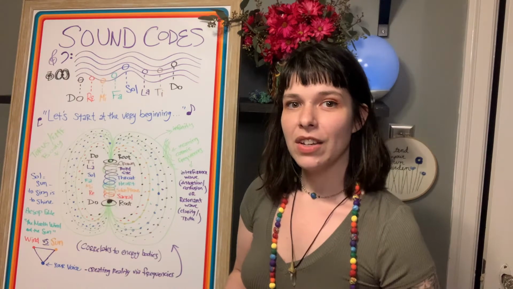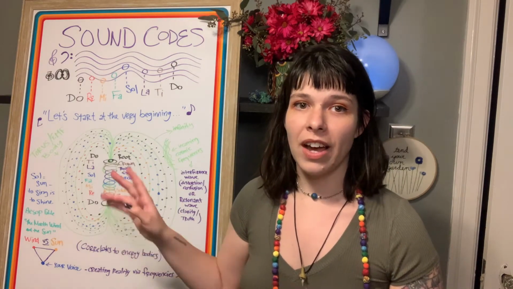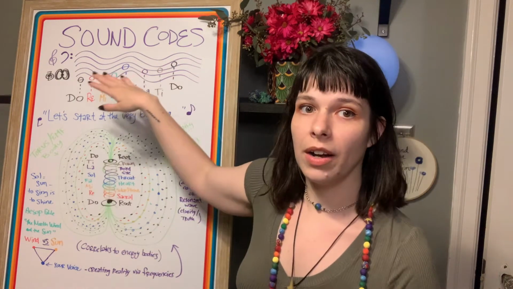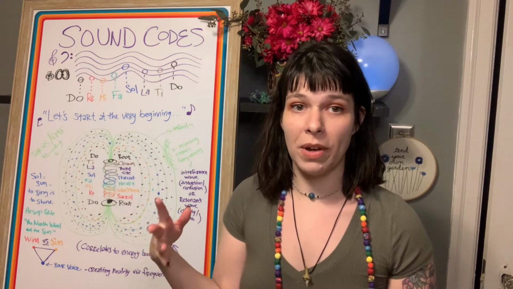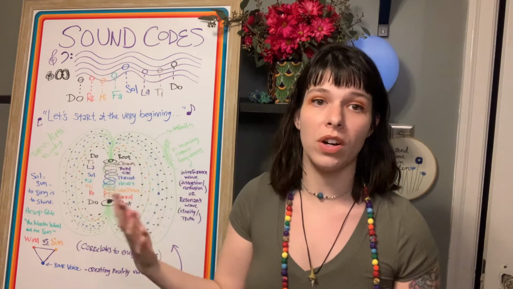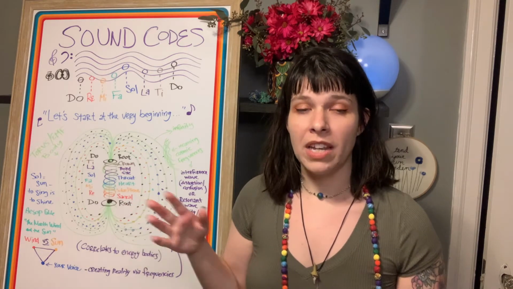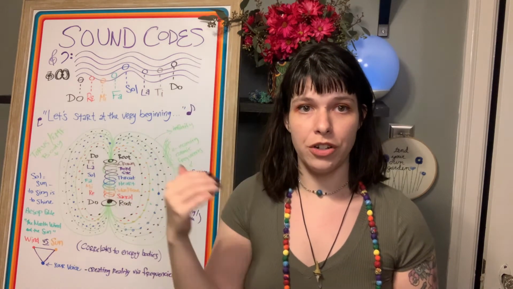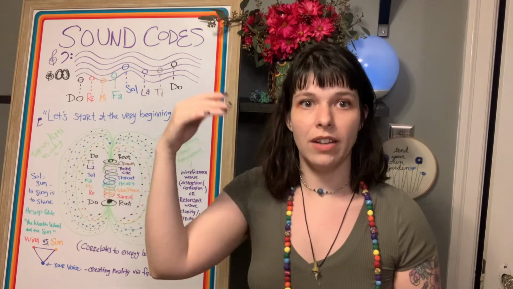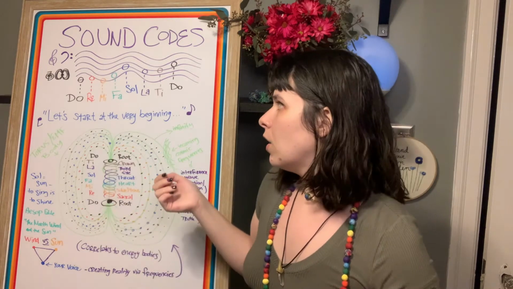So these tones that are within the electromagnetic field, within the matrix, within the torus, all of those are connected to those specific energies depending on where they land frequency-wise.